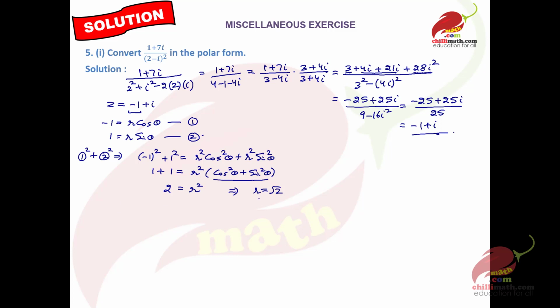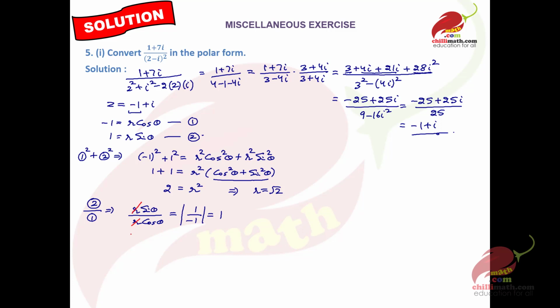Now we have got r, we need to find theta. To find theta, what we do? We divide equation 2 by equation 1. This is r sin theta over r cos theta is equal to, we write here modulus sign, to find the angle in the first quadrant.